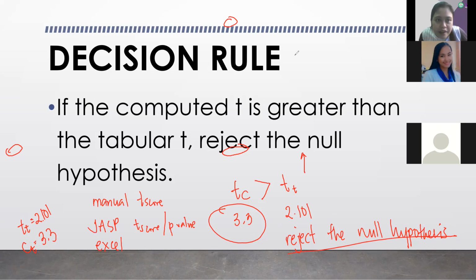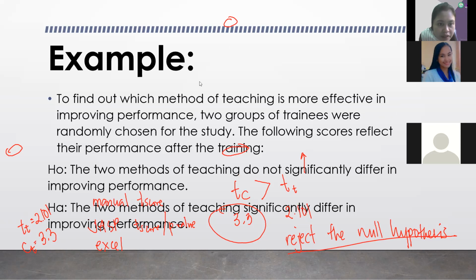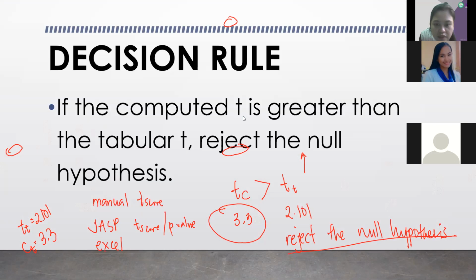Questions about this one? Ma'am, greater than po or less than p-value kung i-reject. Pag t-score ang tinitingnan, ito yung ating decision rule. Dapat mas malaki yung computed t kaysa kay tabular t before you reject the null hypothesis.